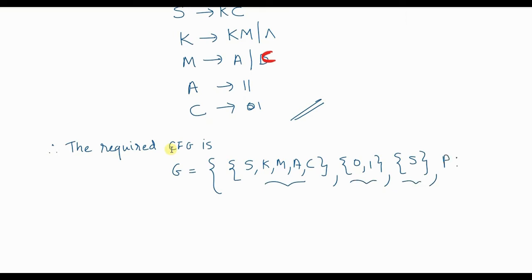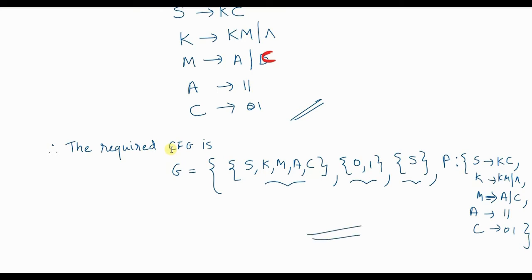What are the productions? Productions are: S gives KC, then K gives KM or null, M gives A or C, A gives 1 1 and C gives 0 1. So these are all the productions. Okay, so this is the grammar.